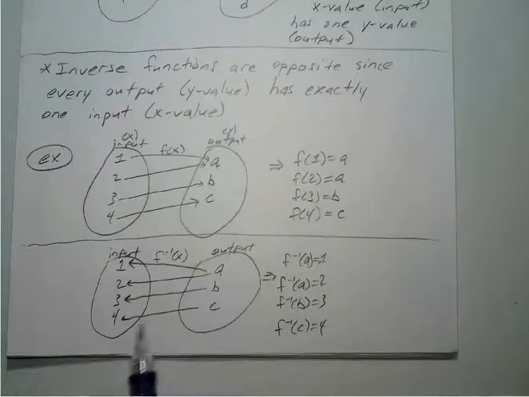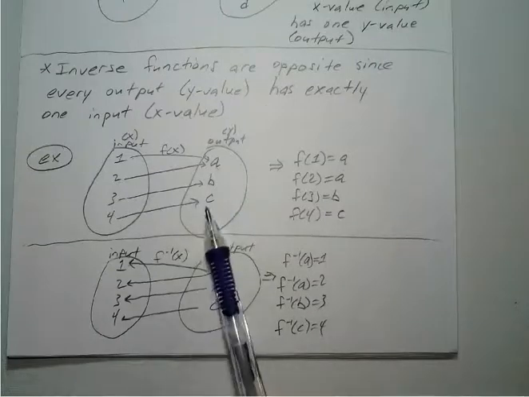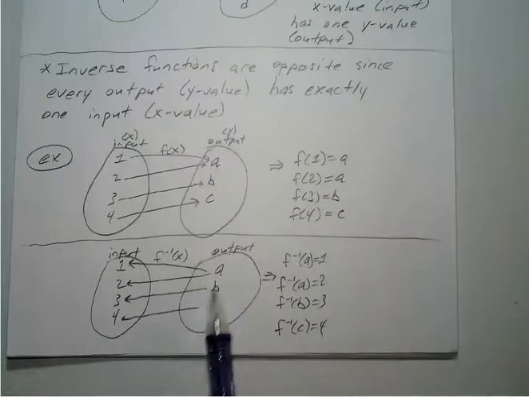If you look closely at this one, this is actually not an inverse function. Even though it's a function, it's not an inverse function, because each y value has more than one x. Your y value of A has more than one x.